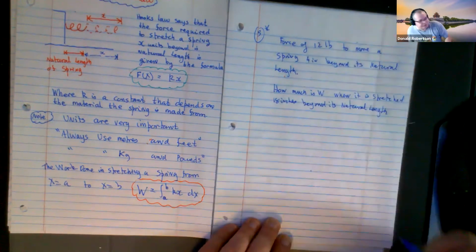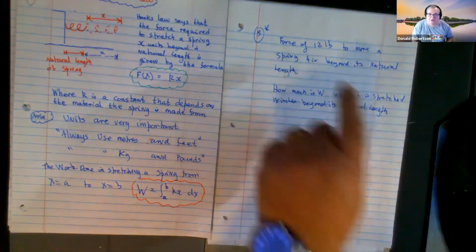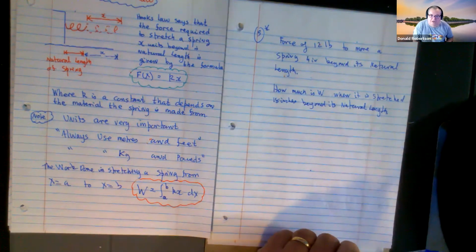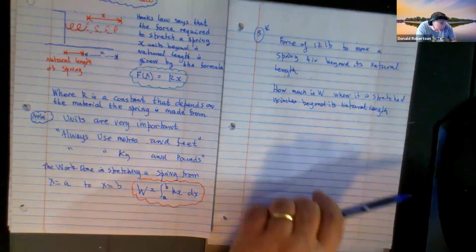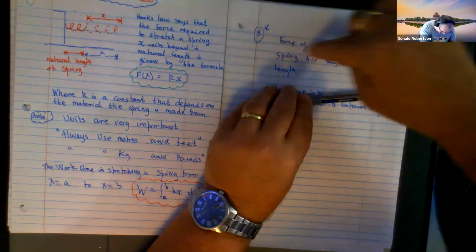So there's really two pieces to this. The first part is actually just giving you enough information. In fact, this piece is how we find out what K is.